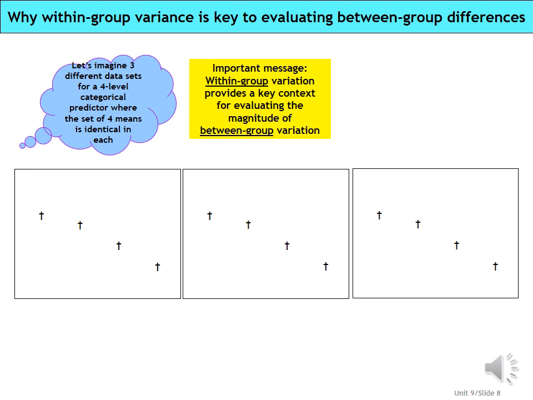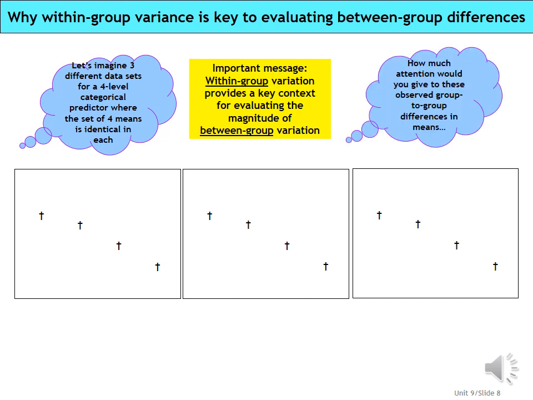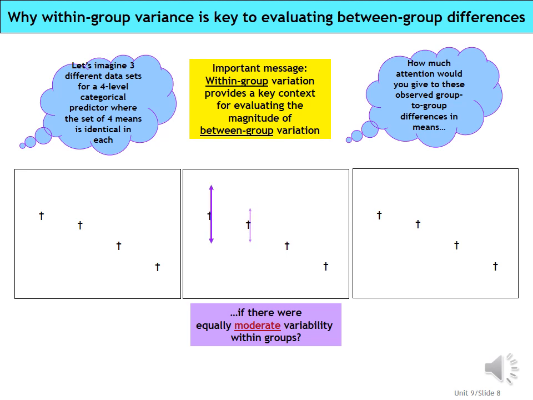Within group variation provides a key context for evaluating the magnitude of between group variations. That's like how much attention you would give to observed group differences in means if they were equal, and moderately variable within groups.